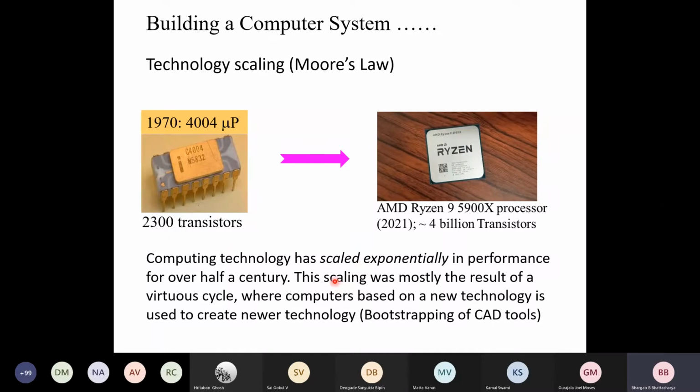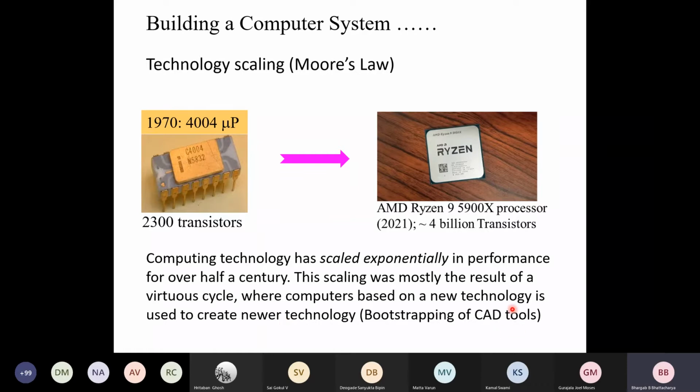The message I want to pass on to you is the following: this exponential scaling experienced over the last 50 years is the result of a virtuous cycle, where the power of the computers available nowadays is used to design the next generation of computers and so on.